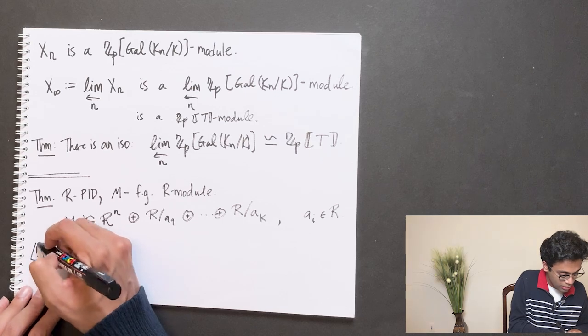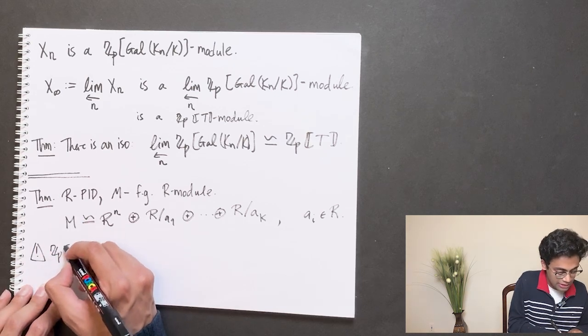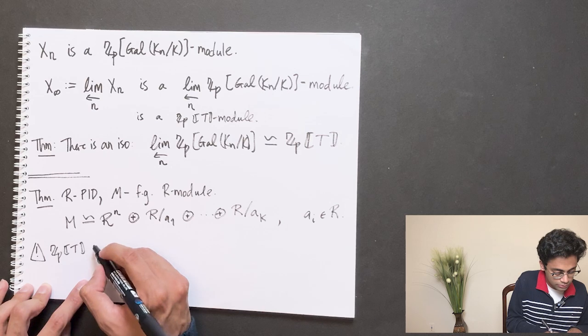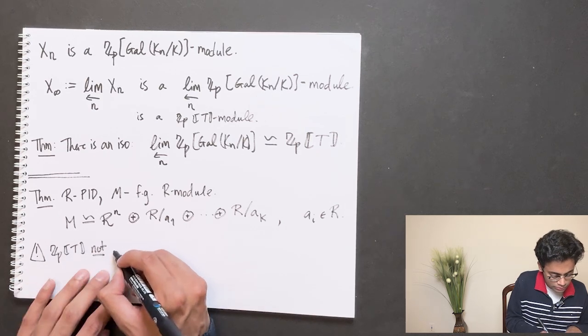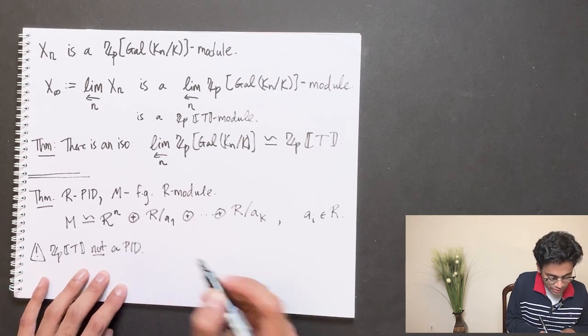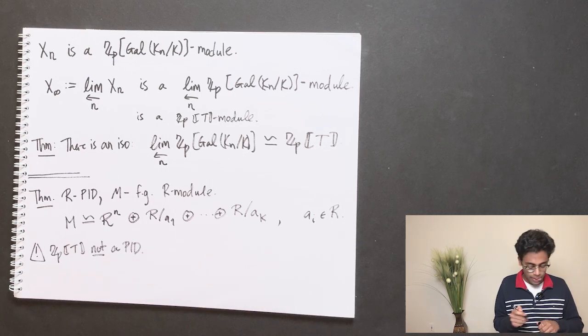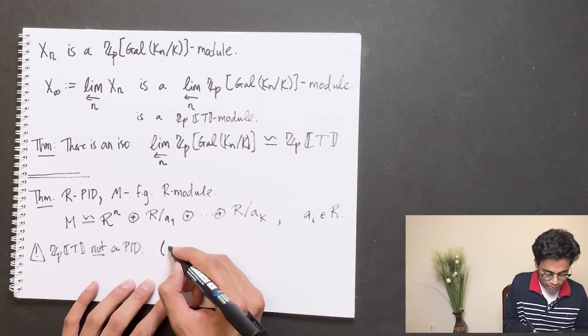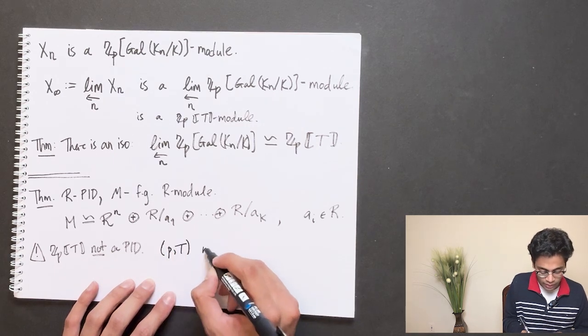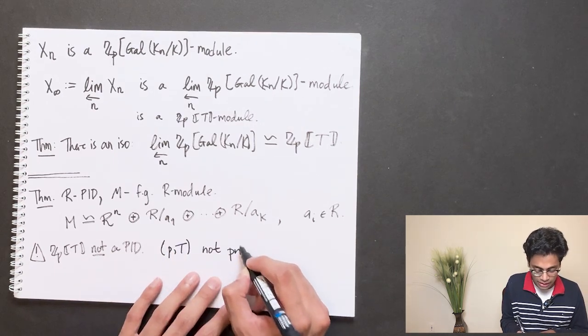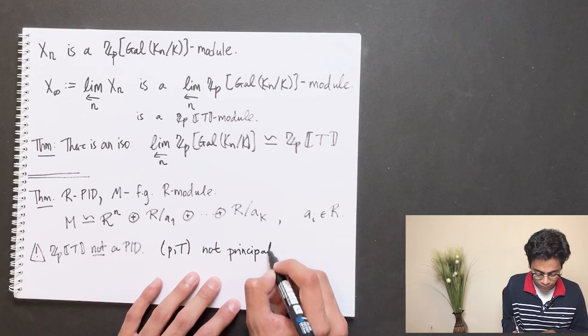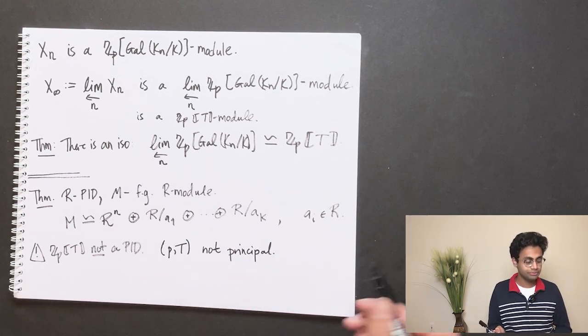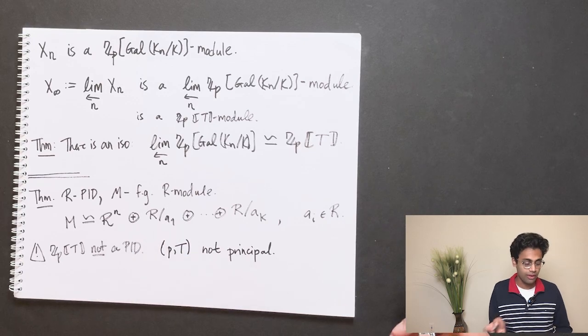However, Z_p double bracket T is not a PID. As an example of this, the ideal (p, T) is not principal. Right? So we cannot apply this theorem directly.